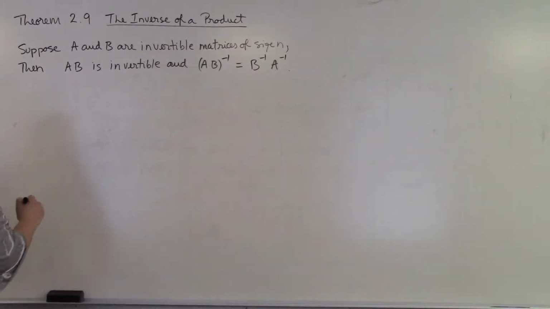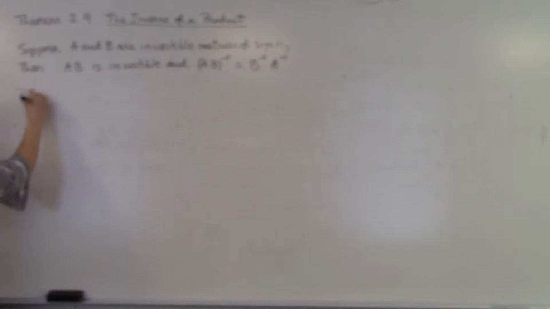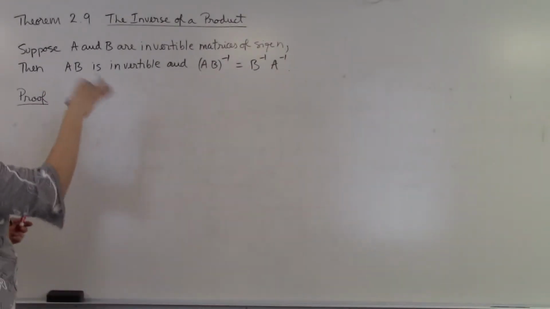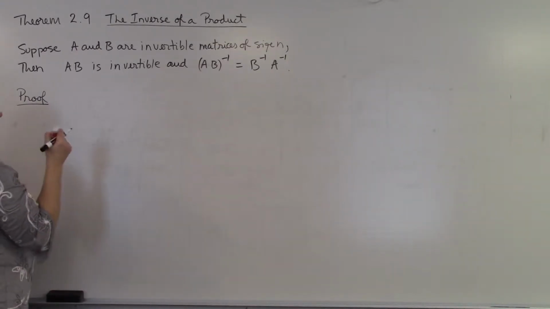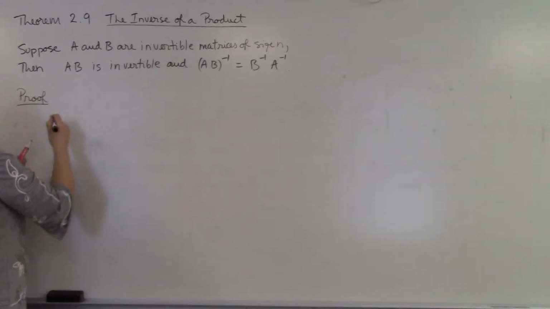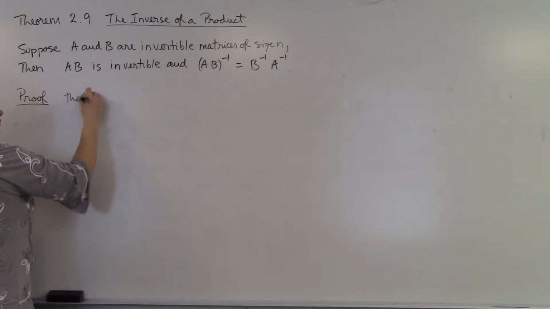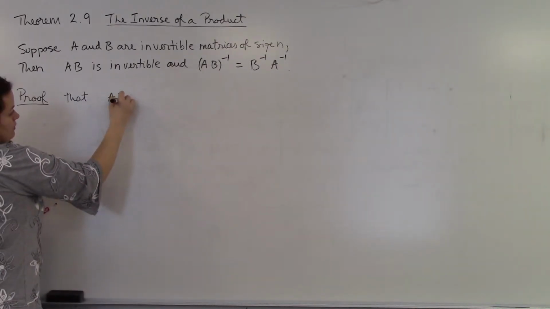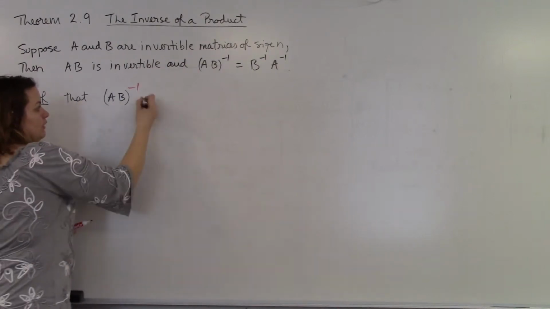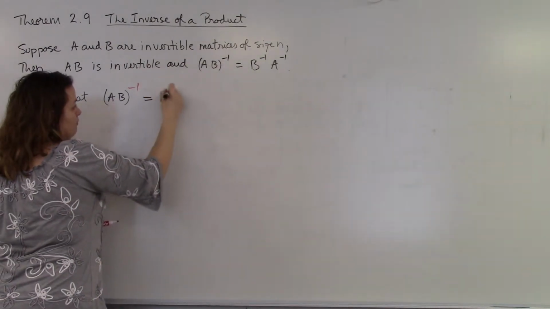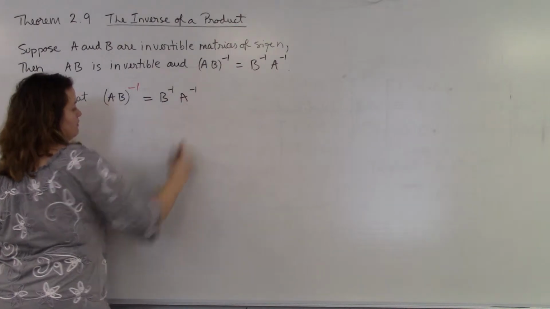So now we are going to have to prove that, provided that the matrices are nice and invertible and everything else happens the way we want it to, the inverse of AB is B inverse times A inverse.